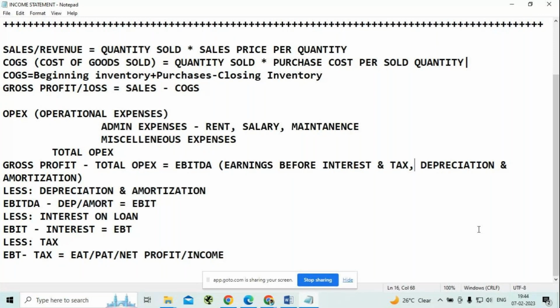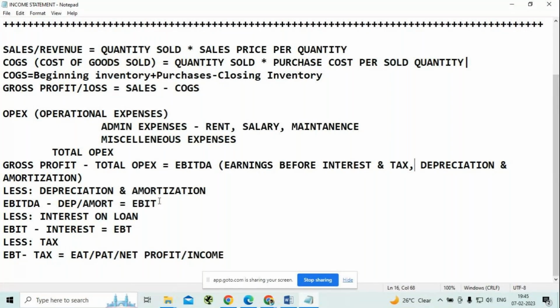In case it is positive, then you are supposed to subtract depreciation value. The difference, EBITDA minus depreciation amount, is considered the EBIT value, earnings before interest and tax. Next, in case you have any loan amount, as we just calculated with the debt schedule, that interest amount has to be reduced from here.